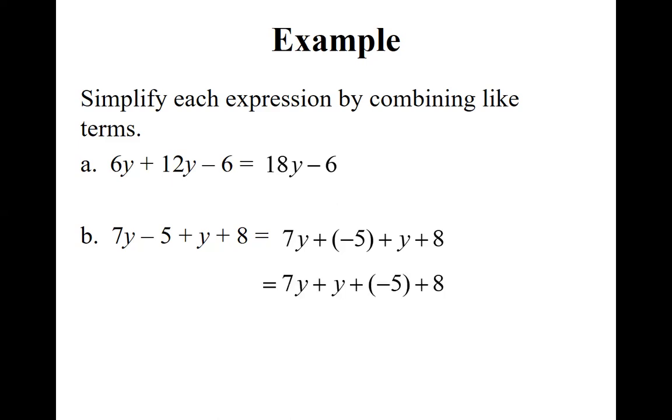Then move them around so that the y's are next to each other and the constants are next to each other. 7y plus y. 7 of them plus 1 of them is 8 of them, 8y. And then negative 5 plus 8 is 3, 8y plus 3.